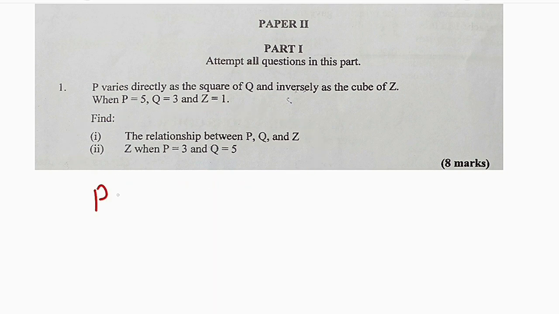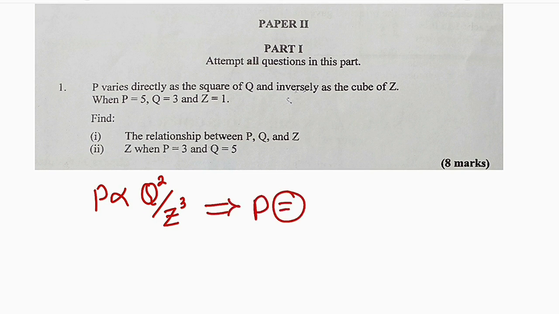You can see that P varies directly as the square of Q, meaning we are going to square Q. And inversely as the cube of Z, then we divide by Z to the third power, which implies that P is equal to, we use the equality sign and introduce a certain constant, which we can call K, that will multiply the whole of this expression. So we have K multiplied by the whole of Q squared divided by Z to the third power.